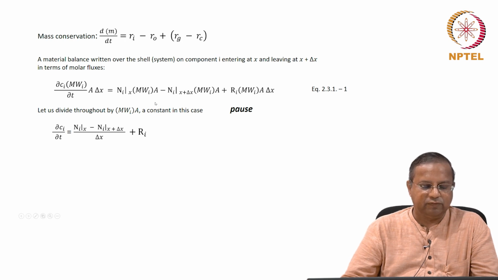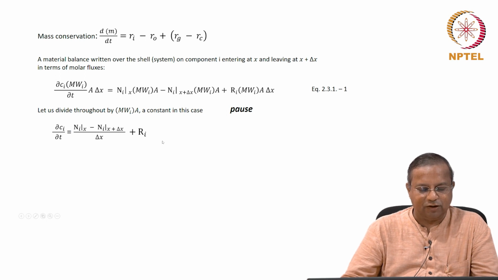And now, if you divide by delta x throughout, here you are left with ∂Ci/∂t, here you are left with Ni at x minus Ni at x plus delta x divided by delta x. Do you recall something familiar here? You soon will, I gave you a hint, plus of course only Ri remains here. Okay.